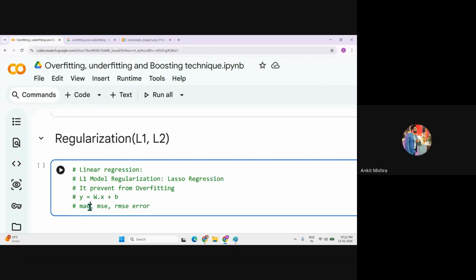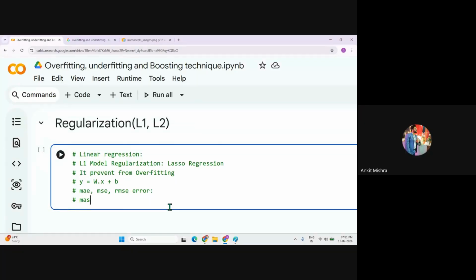So let's just take an example of MAE error. In this MAE error, we have to calculate the mean absolute error, right? So mean absolute error is somewhat like this. We have to calculate the absolute value, subtracting the actual value minus the predicted value, and then take the mean of it. I hope everyone is aware of that, right?